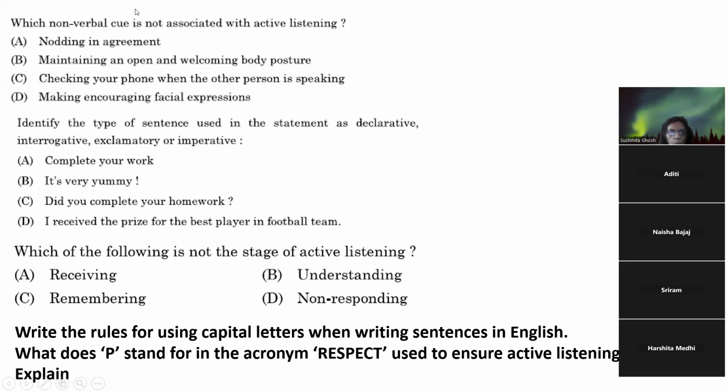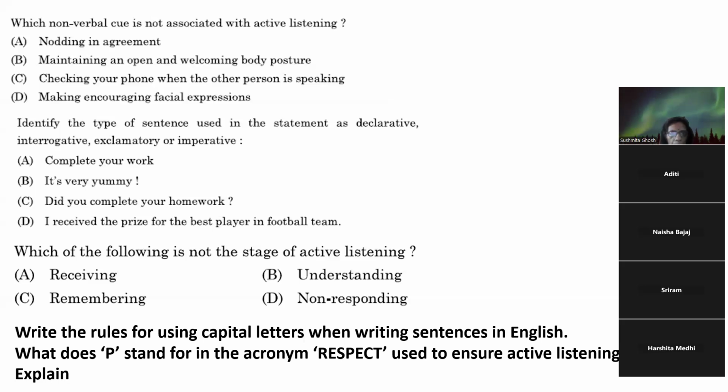Not a stage of active listening. Non-verbal cue. This question is, just a second. Which non-verbal cue is not associated with active listening? Non-verbal means your gesture, right? Which is not verbal. So nodding in agreement is associated with active listening.